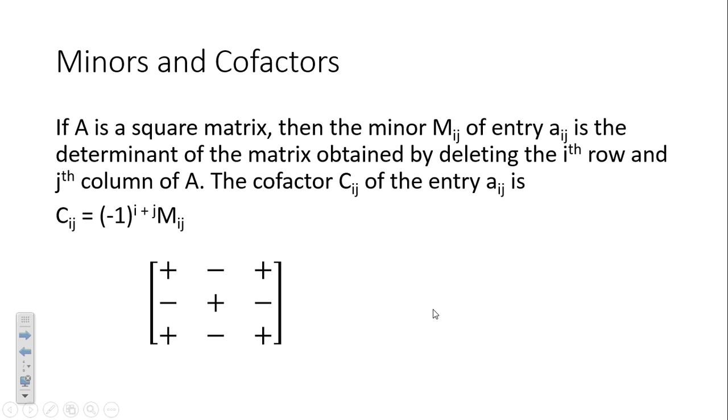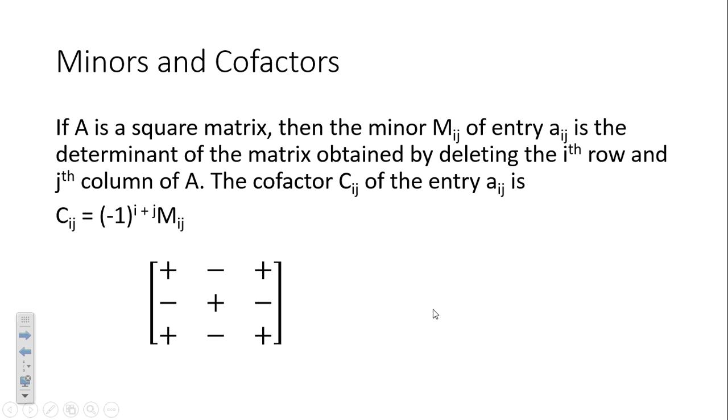Okay, so if we have a 3 by 3 matrix, just look at the signs for the cofactors. This is the first row, first column, right? I and J are both 1. That means that 1 plus 1 is 2. We're taking -1 to the second power. Anything to an even power is always positive.